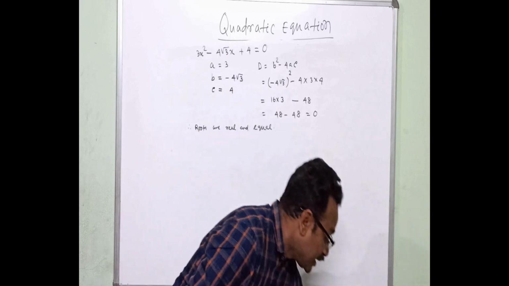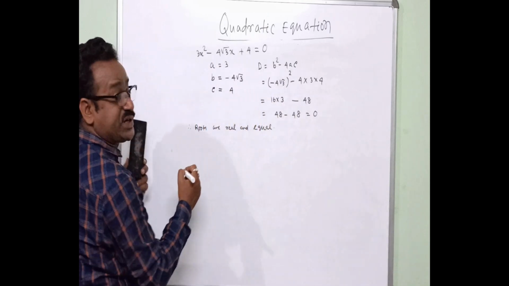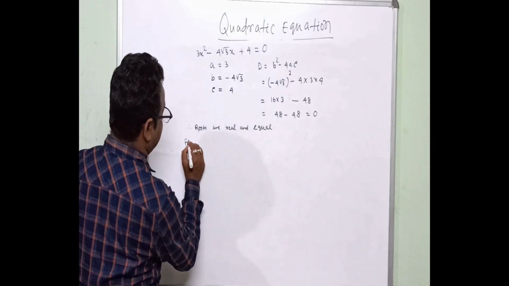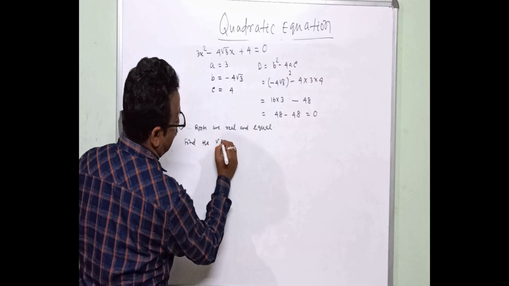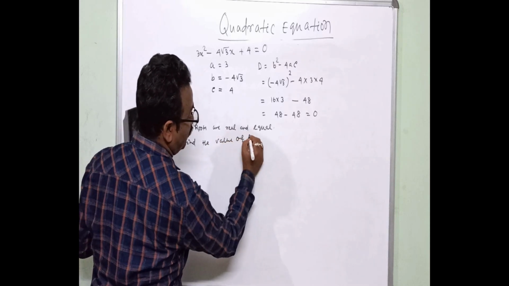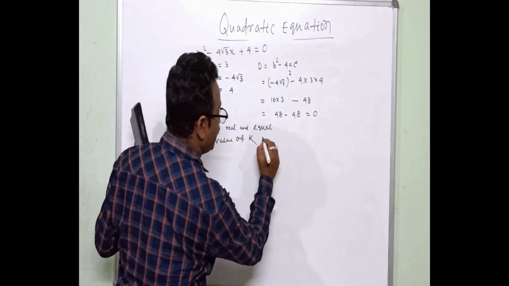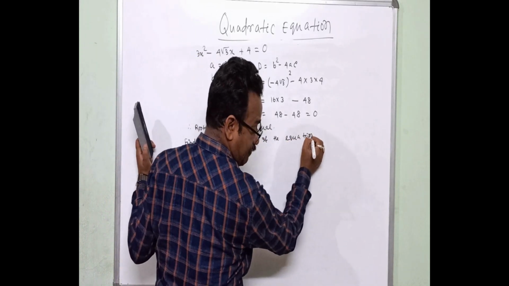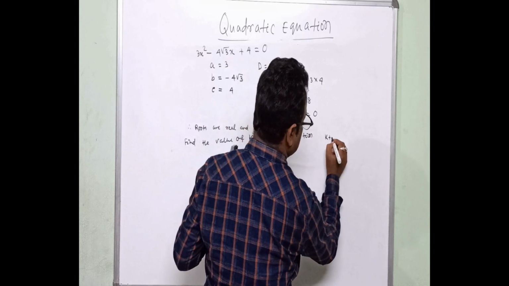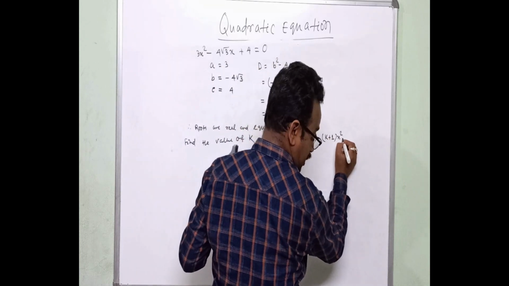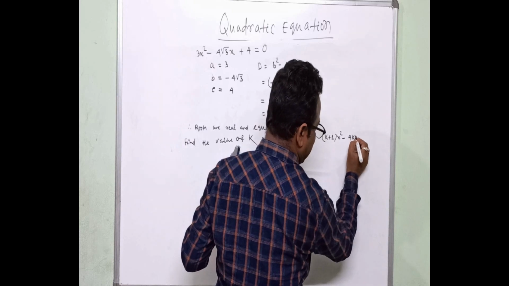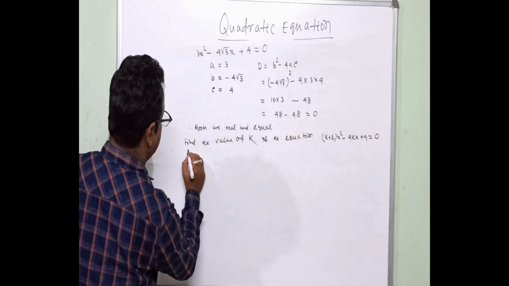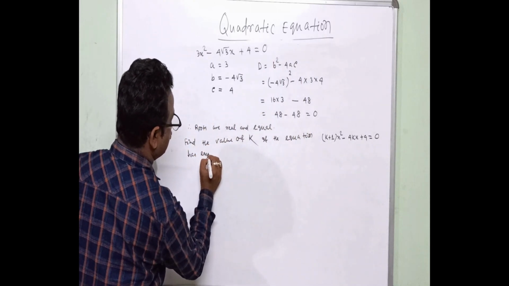Whether the question comes like this: find the value of k if the equation (k plus 1) x square minus 4kx plus 9 is equal to 0 has equal roots.